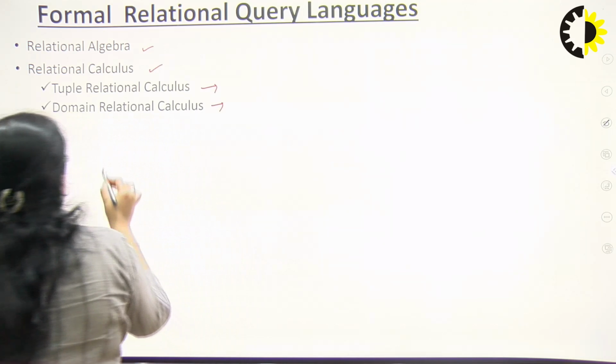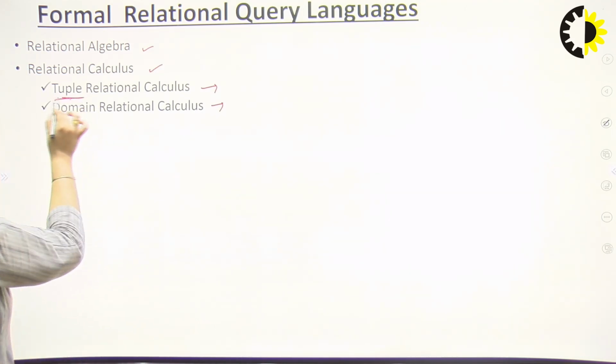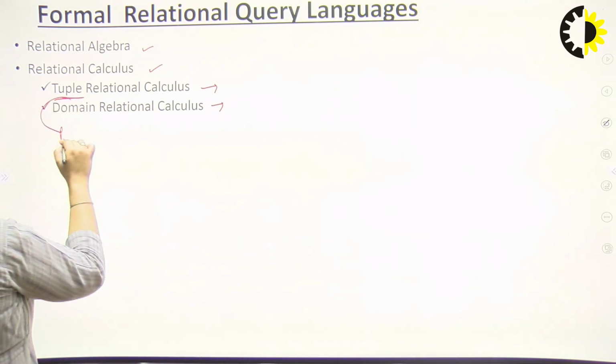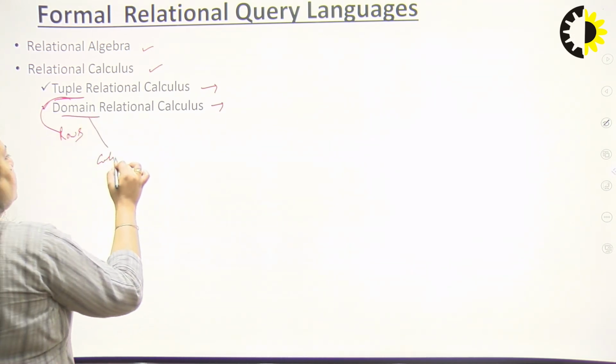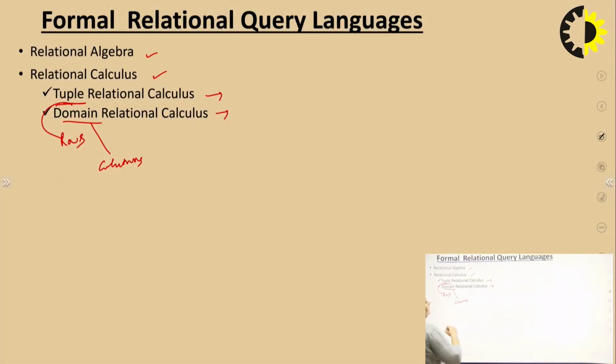Now what does it mean? In tuple relational calculus, tuple means rows, and in domain we talk about the columns of a table. So the relational calculus related to rows is known as tuple relational calculus, and the one related to columns is known as domain relational calculus.